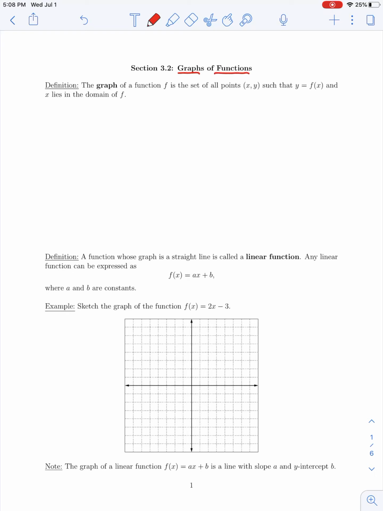Now, if we're talking about the graph of a function, f, the graph is defined to be the set of all points xy in the xy plane such that the y-coordinate of our point is given by the value of the function f at that x-coordinate, where x lies within the domain of our function.